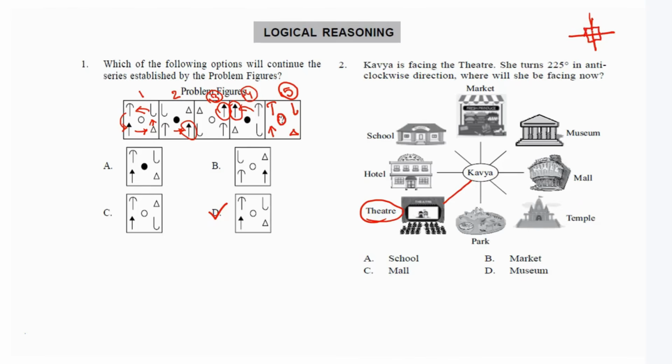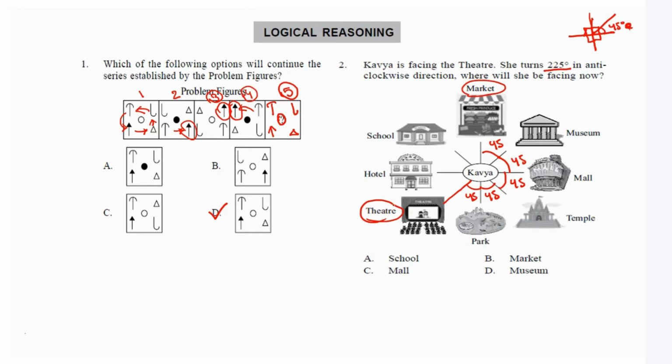So the line in between will make this angle 45, correct? From the theater to the park, it is 45. From park to temple, it is 45. From temple to mall, it is 45. From mall to museum, it is 45. And from museum to the market, which they are asking for, is 45. If you sum up all this, it will come to 225 degrees.